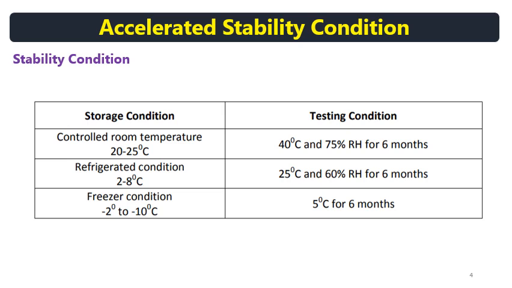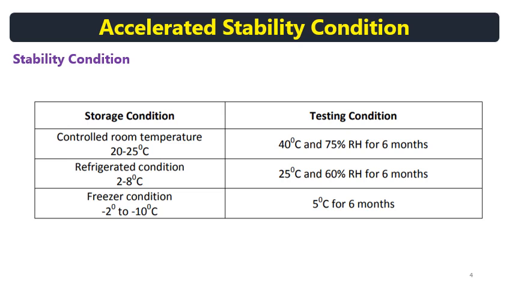If the product is recommended to be stored at a refrigerated condition of 2 to 8 degrees Celsius, then 25 degrees Celsius and 60% RH becomes the accelerated condition. You can remember this by: if the product is required to be stored in refrigerated condition, then the room temperature will become the accelerated condition.